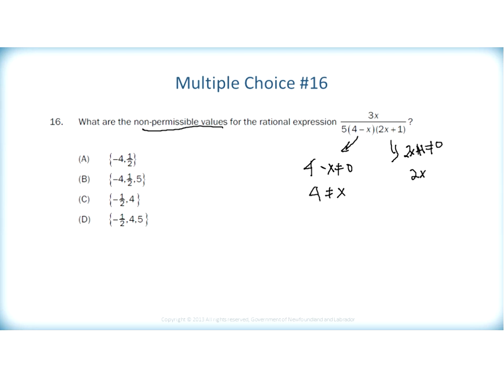So 2x cannot equal negative 1, and x cannot equal negative 1/2. And so those are our non-permissible values, since these values, when we substitute them in for x, would make the denominator 0. And when the denominator of a fraction is 0, it's undefined.